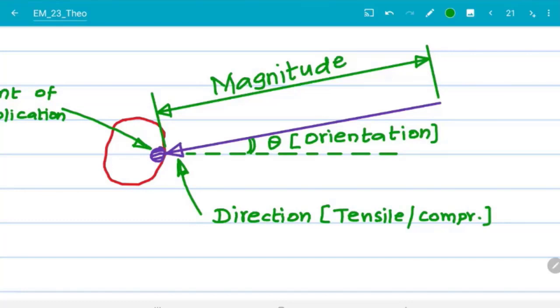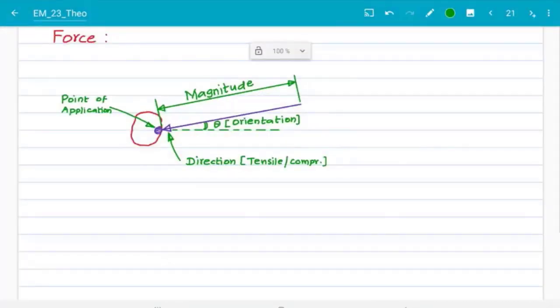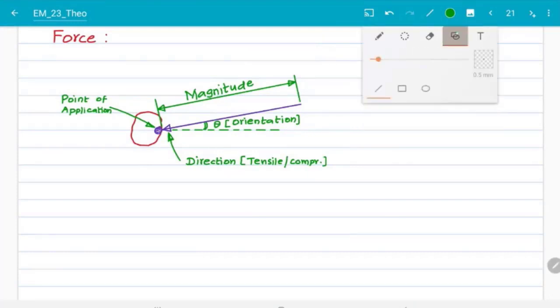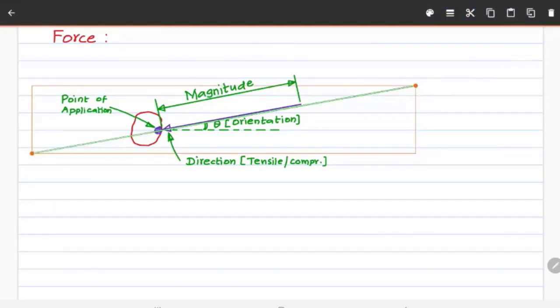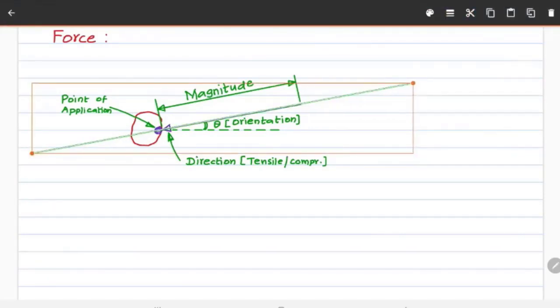Right. Then line of action, very important information. What is line of action?